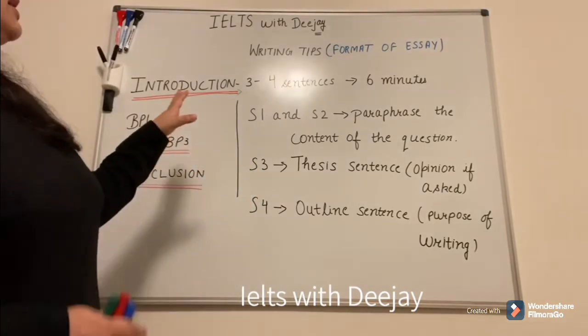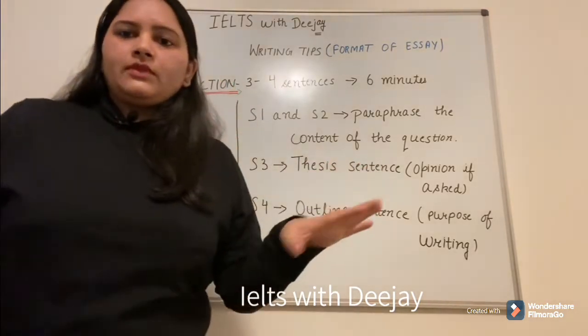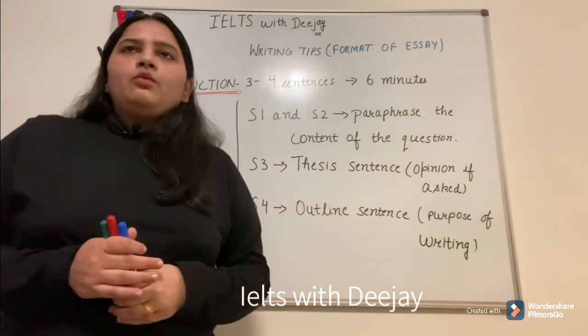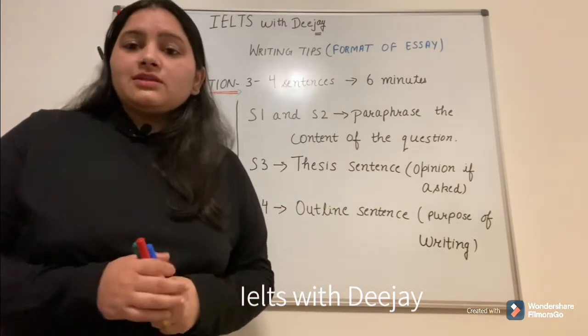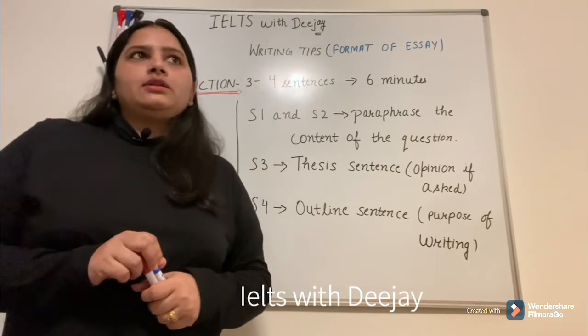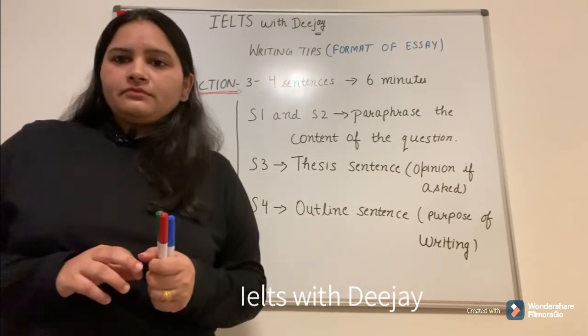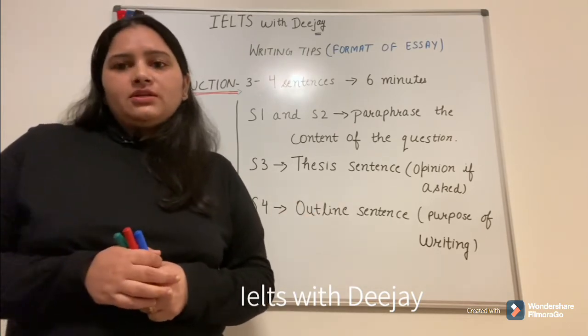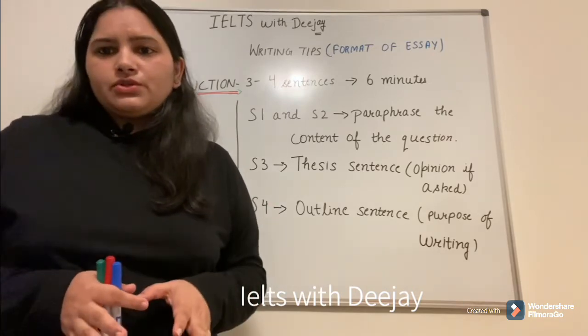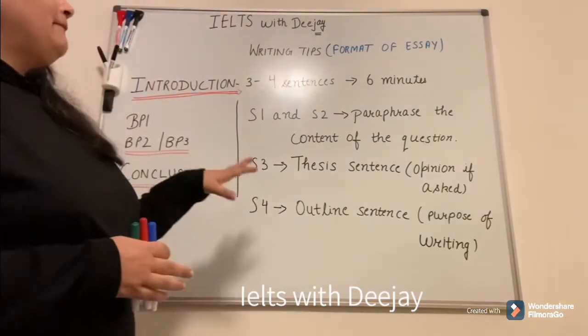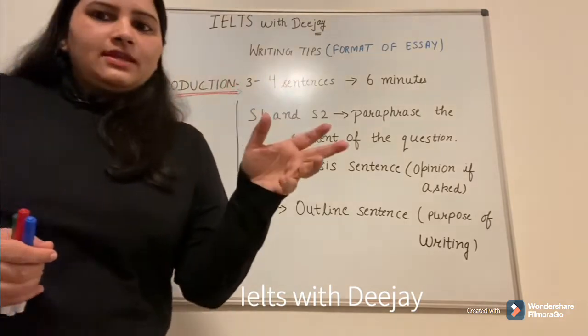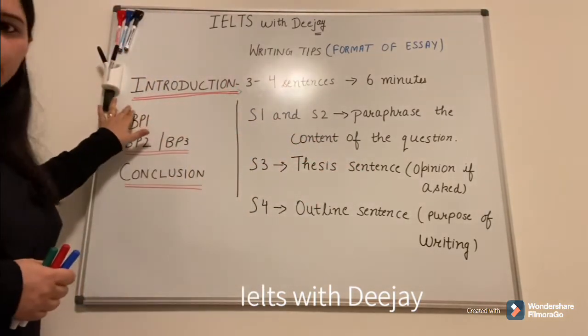What happens is, we will get an essay. That can be any essay. We have to write 250 words, that is the minimum word count, and it should be 280 to 290, or a maximum of 300 words. After that, the basic thing is to write an introduction first.